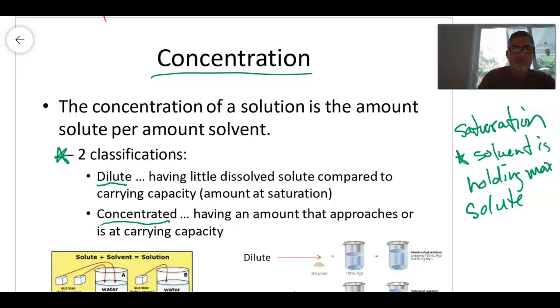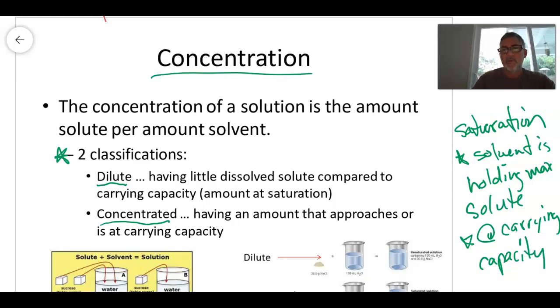Dilute means having little dissolved solute compared to carrying capacity. So this right here, you could say is at carrying capacity. Dilute is far from saturated, and concentrated is close to saturated.